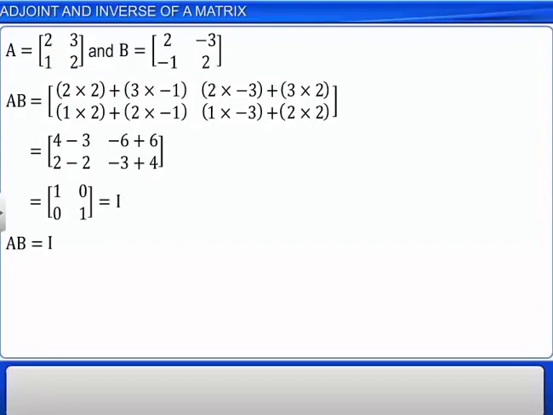That means matrix B is the inverse of matrix A, and vice versa. Such a matrix A is said to be an invertible matrix.